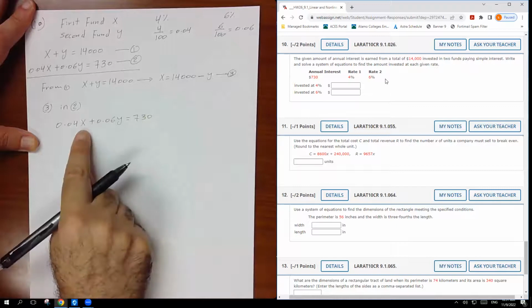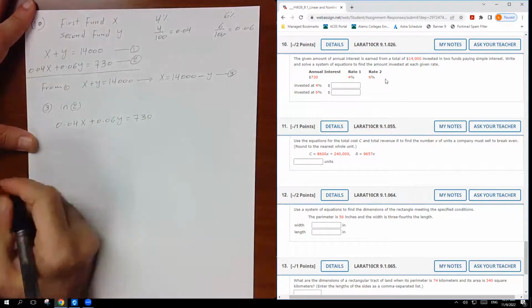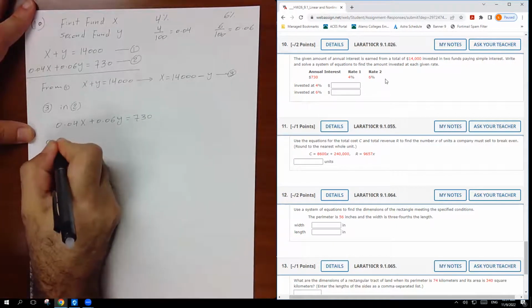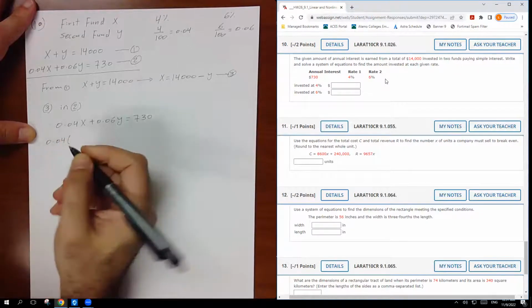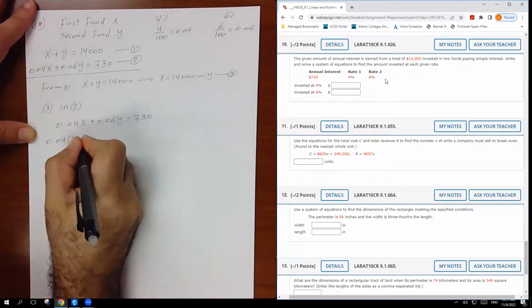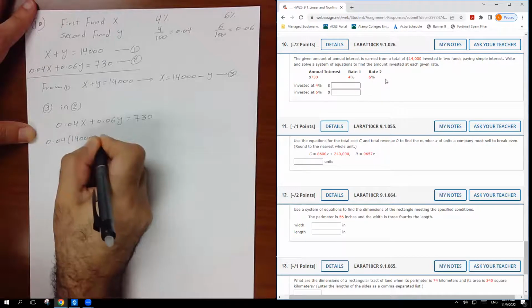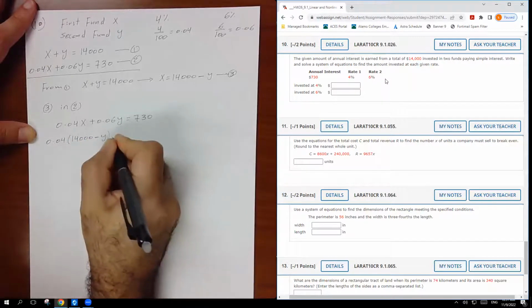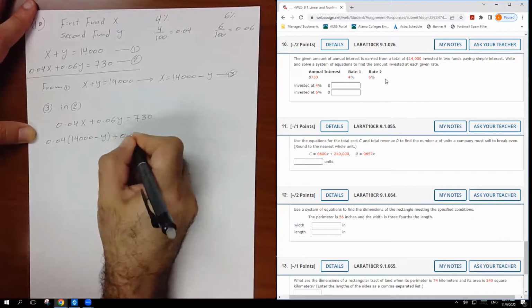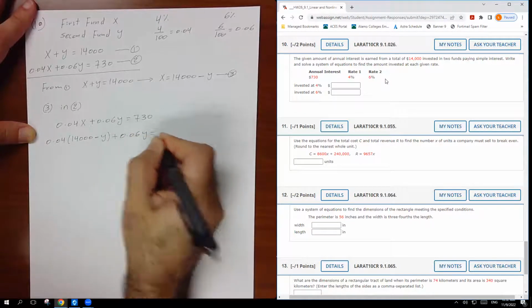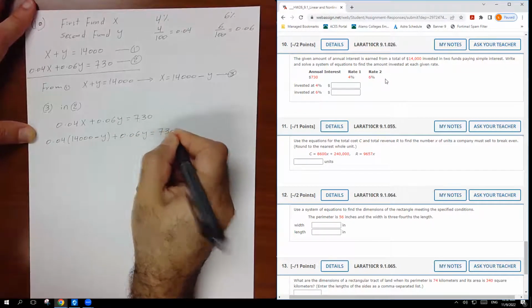I'm going to plug in instead of this X: 0.04 times 14,000 minus Y plus 0.06Y is going to be equal 730.